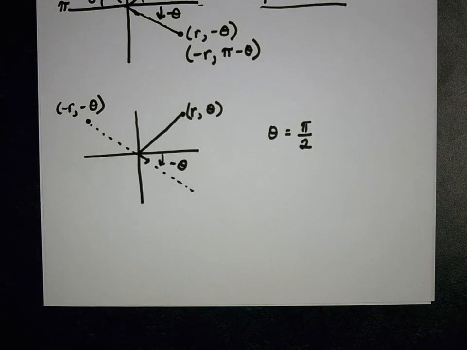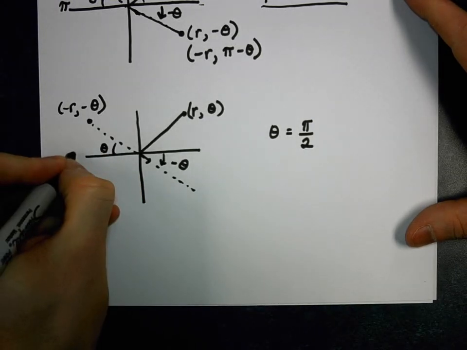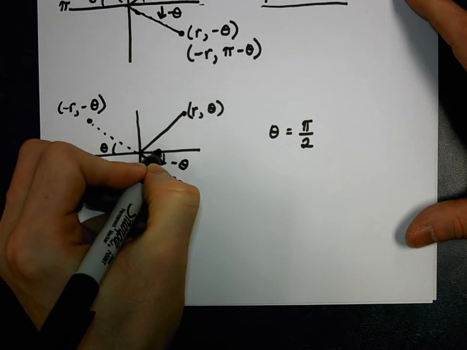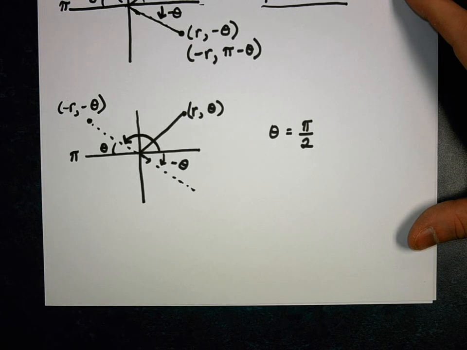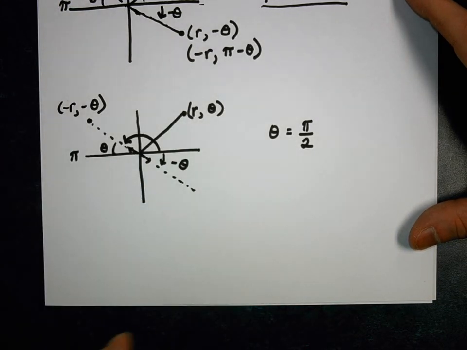The other way I could look at it is from the positive r value. Once again, I know that this angle measurement is going to be theta, and this is pi. So if I measure from the polar axis all the way to that line, I'm now facing in this direction, and I'm going to go a positive distance out.